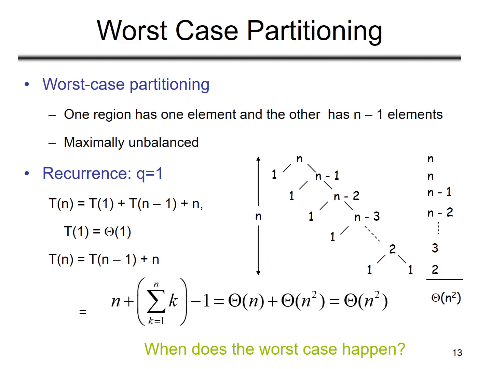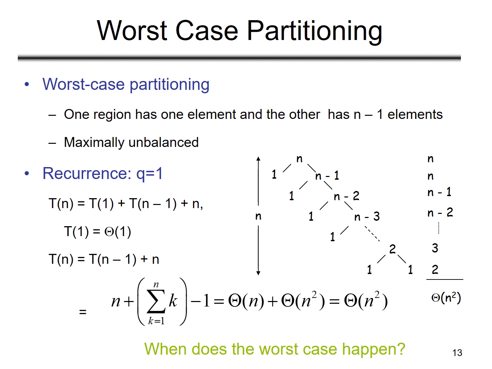So this is the worst case partitioning. For the worst case input, with n numbers, one partition will have only one element, and the other will have n minus 1. When I start applying quicksort to this, again the same thing happens. When I partition this, one partition will have only one element, the other will have n minus 2.